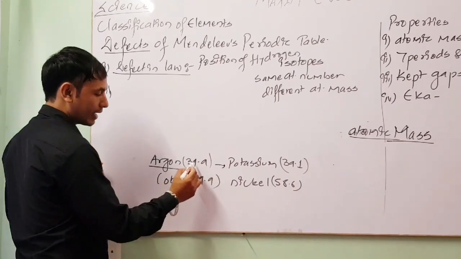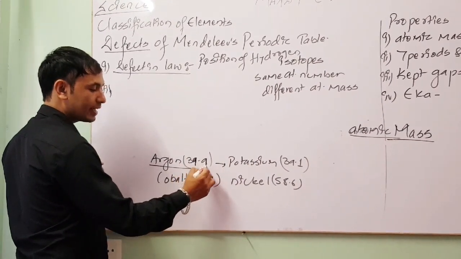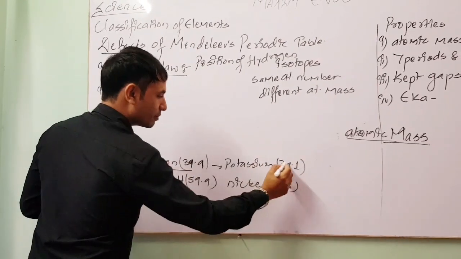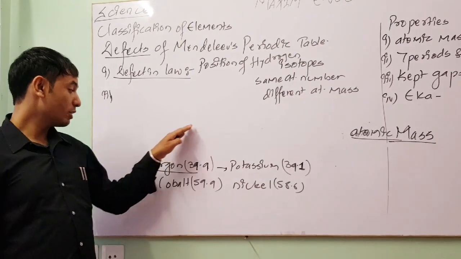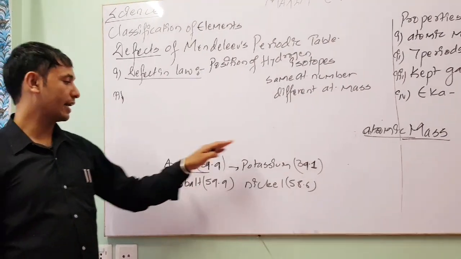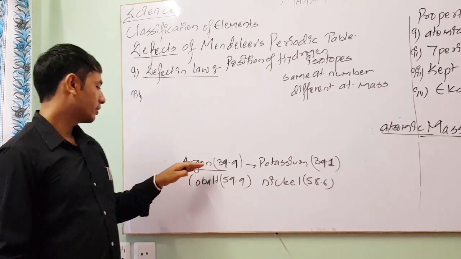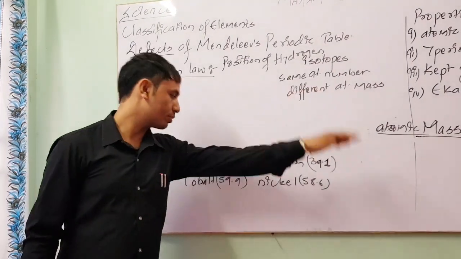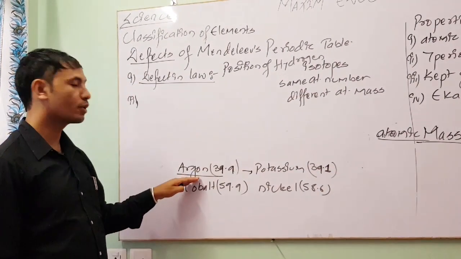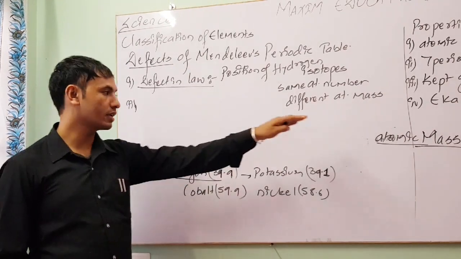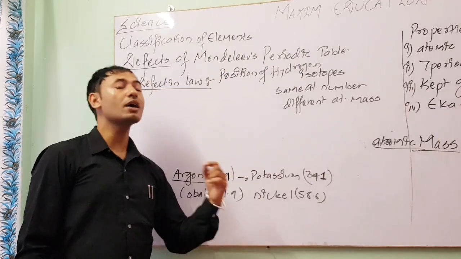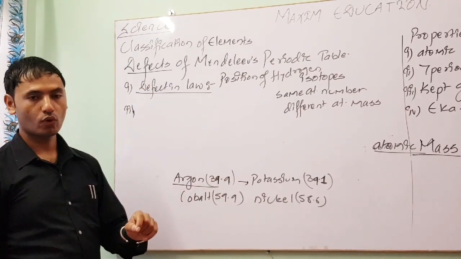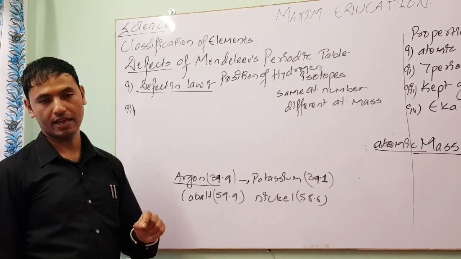Argon has 39.9 atomic mass and potassium has 39.1 atomic mass. As the atomic mass of argon is more than that of potassium, argon must come after potassium, but it came before potassium. That is the defect in the law, atomic mass. Similarly, cobalt and nickel also have the same wrong classification.